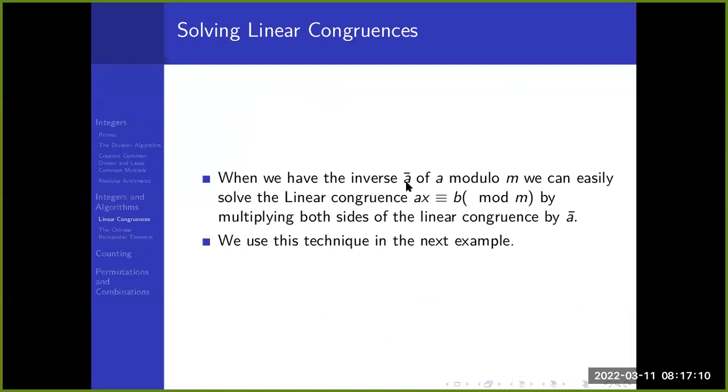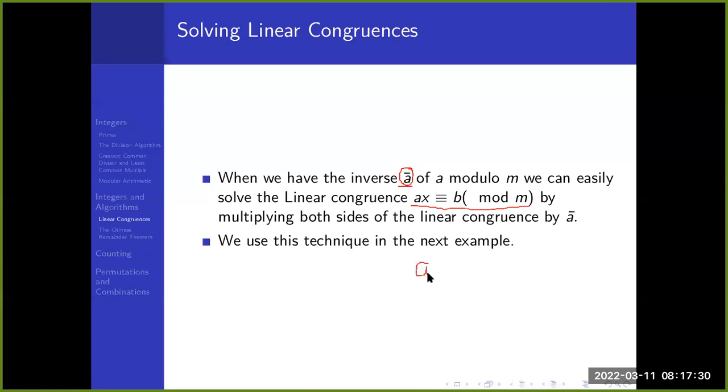Okay, so when we have a linear congruence like this, and we have the inverse of A modulo M, then it's easy to solve this congruence. We simply multiply both sides by the inverse.